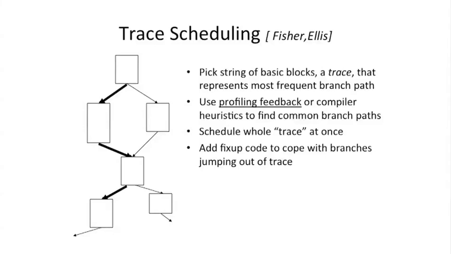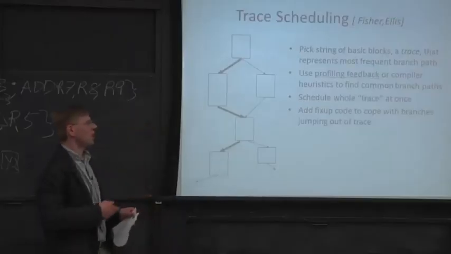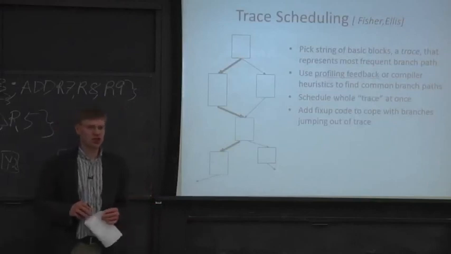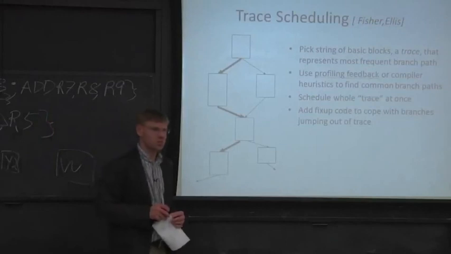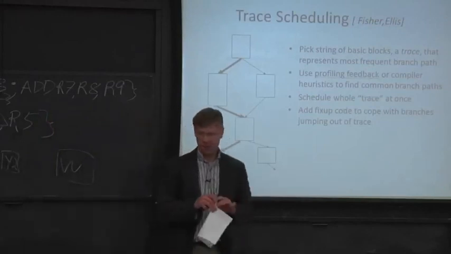And one of the more famous ways to do this is something called trace scheduling, which was John Ellis's thesis work, one of Josh Fisher's students. And this was in the Bulldog compiler out at Yale.